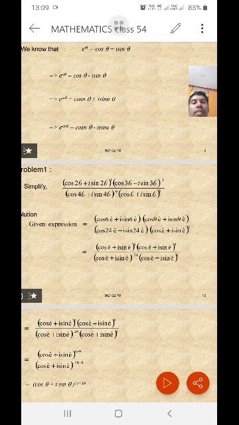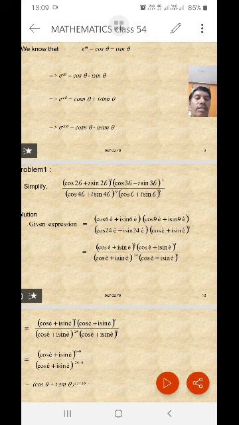So once again I am reading the problem. (cos 2θ + i sin 2θ)^2 (cos 3θ − i sin 3θ)^(−3) by (cos 4θ + i sin 4θ)^(−6) (cos θ + i sin θ)^8.